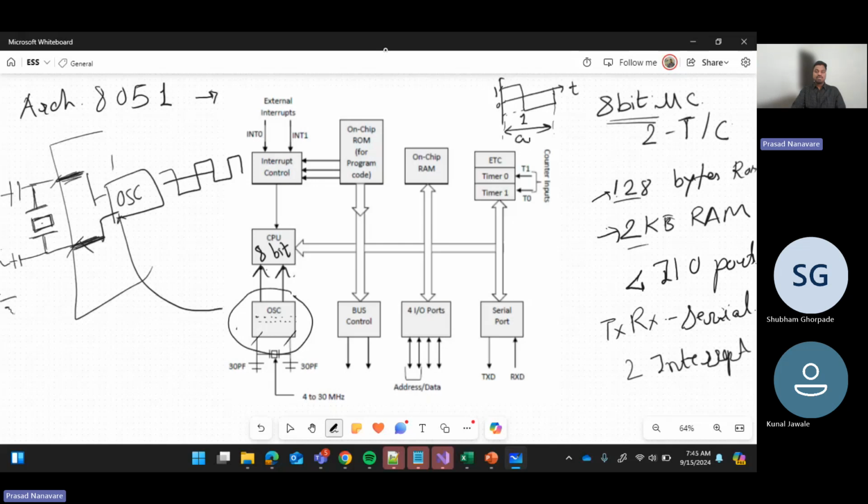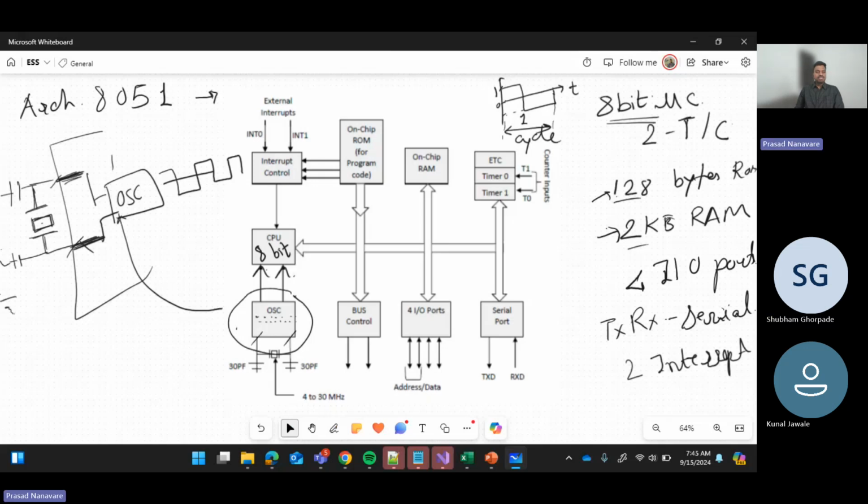Do you understand now why there is a crystal in the picture, why there is an oscillator in the picture? Kunal, Shubham, you there? Yes, sir.